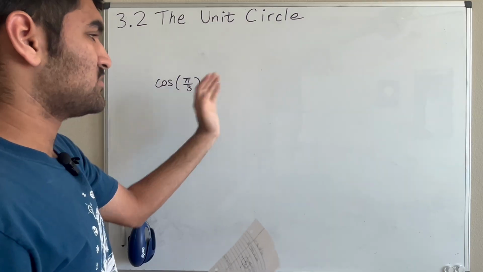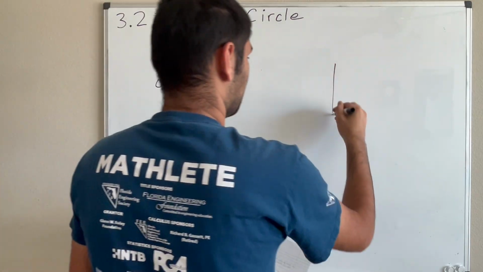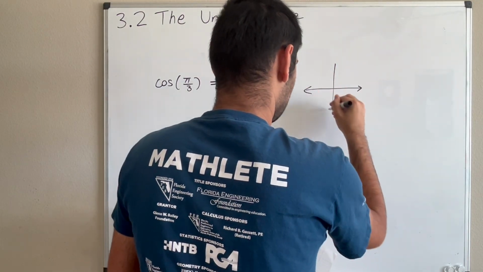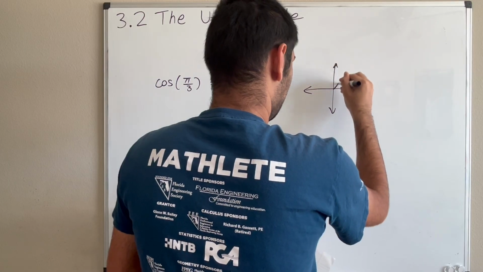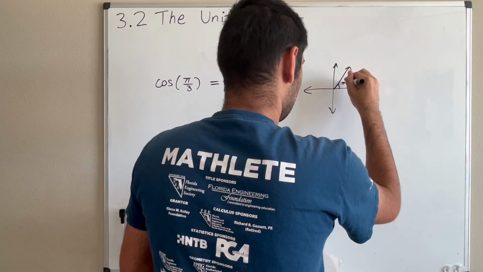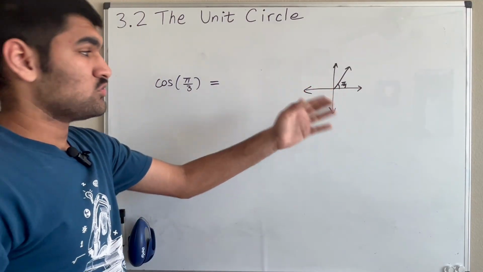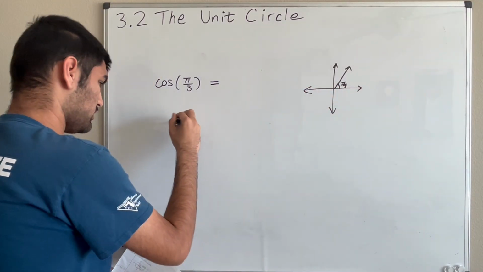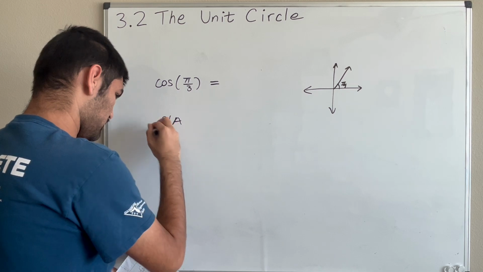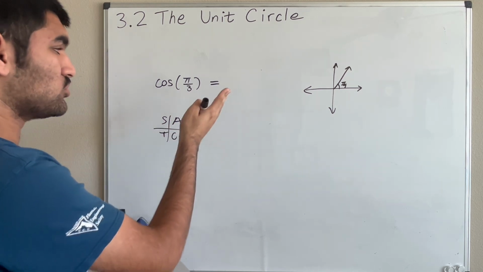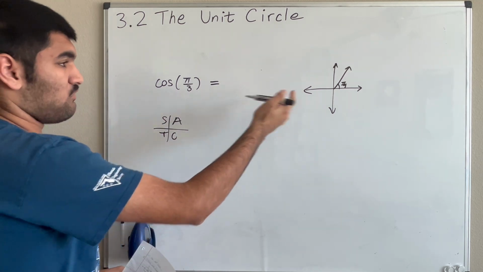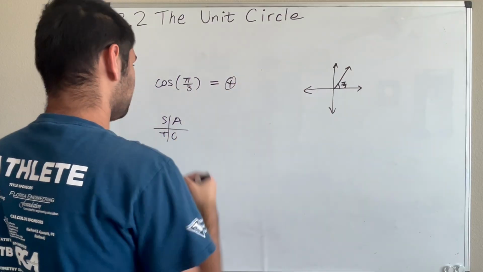Is pi over 3 in the first, second, third, or fourth quadrant? If you just draw this out real quick, pi over 3 looks something like that. So it's in quadrant 1, right? And so from ASTC, we know that in the first quadrant, all the trig functions are positive. So cosine of pi over 3 is going to be positive.